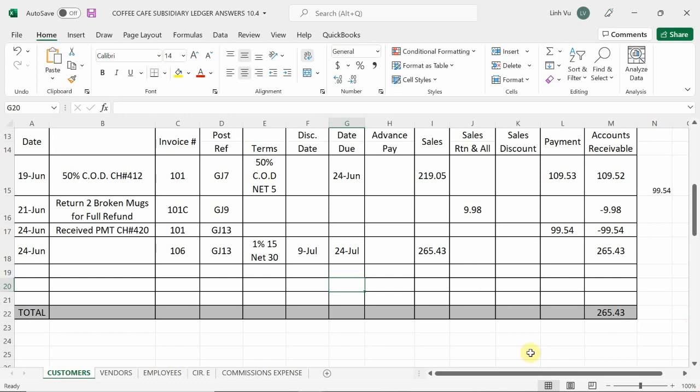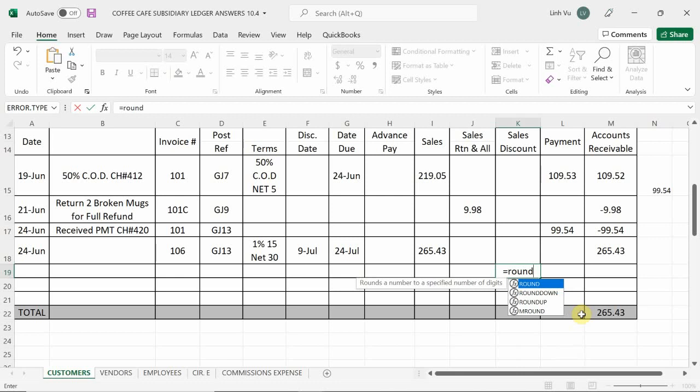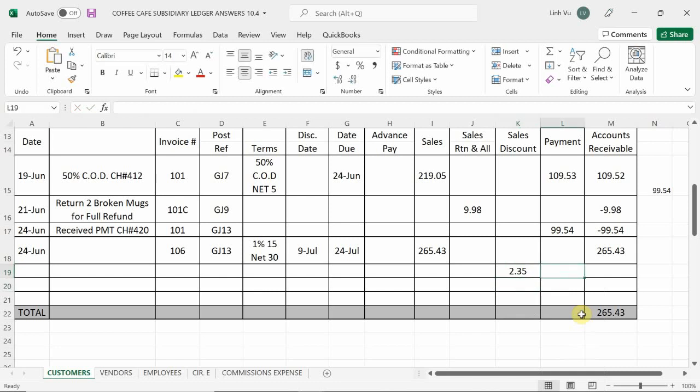So it's going to be 1% times 235.43, giving you $2.35.